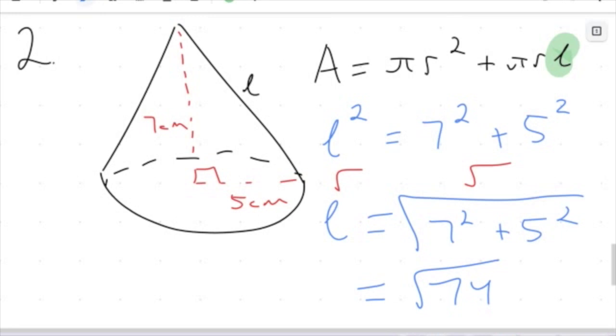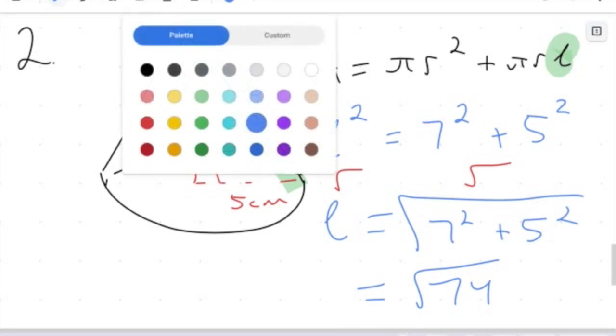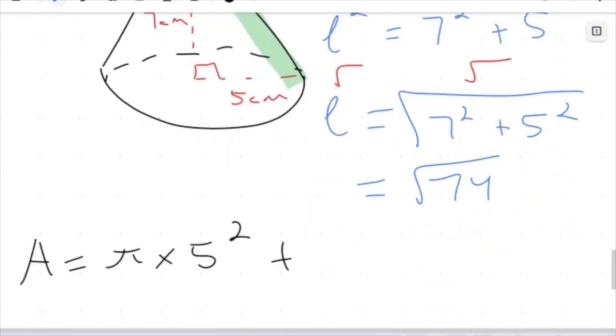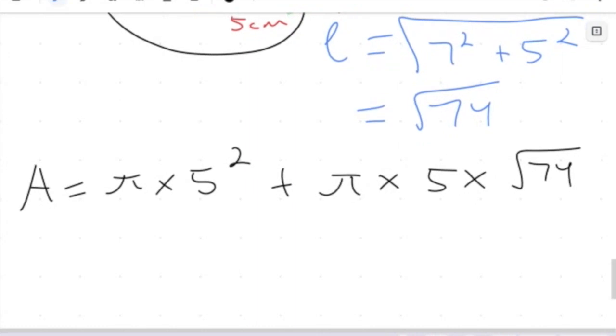Okay, now that I have this L, I can substitute it back in. Using this relationship of a right angle triangle to find my unknown slant height of L, I can now find the surface area of my cone. So now it's time to substitute everything in. So my area is going to be pi times my radius of 5 squared, and that's going to get added to pi times 5 times the square root of 74 here.